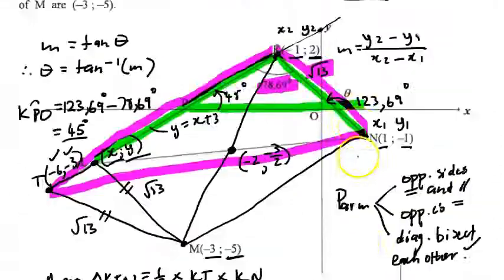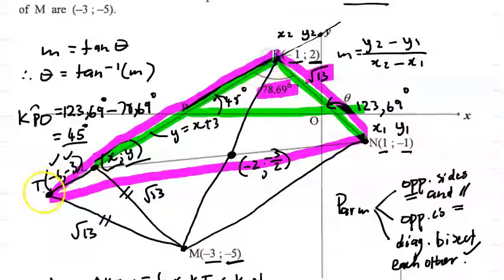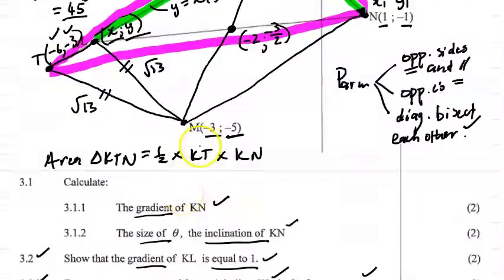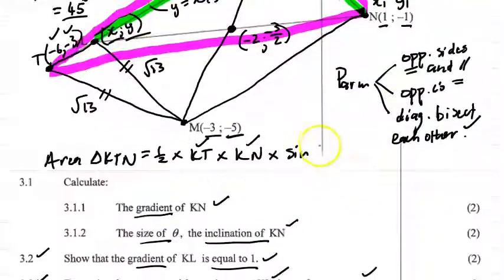So now that we know the coordinates of T, we can find the distance of KT. And once we find the distance of KT, we know the distance of KN, and just to complete this particular formula: half times KT times KN times sine of the included angle, which will be TKN.